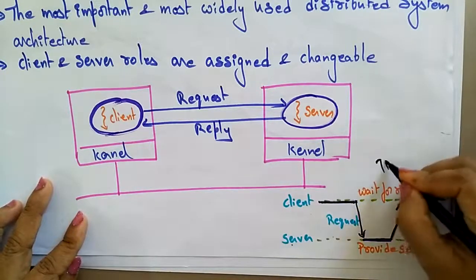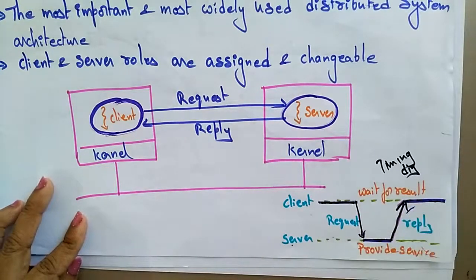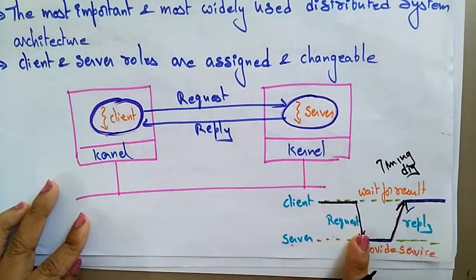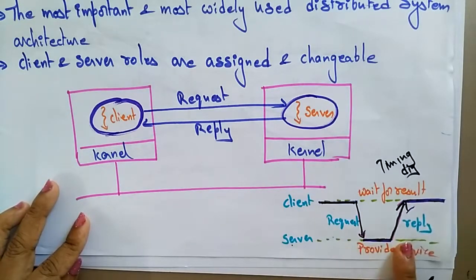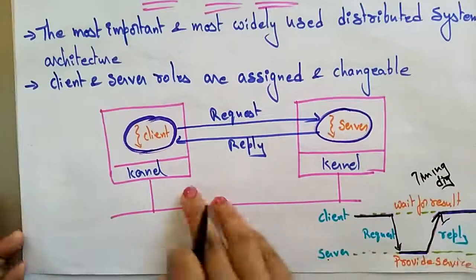This is the timing diagram of the client server. The client is requesting, the server is responding and providing services, and while it is performing operations, the client has to wait for the result.